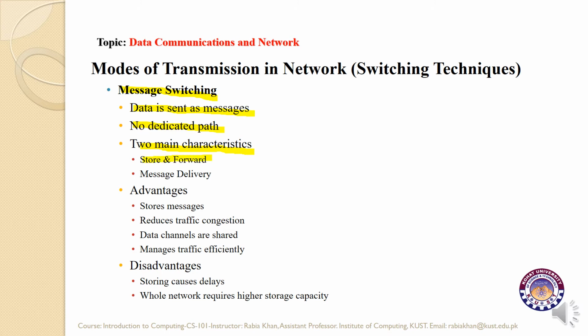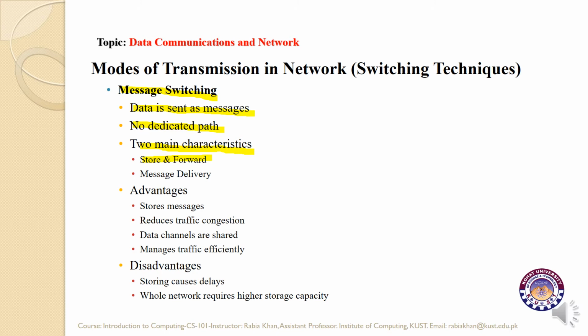Since users are not directly connected, that means there is no dedicated path established between the sender and receiver. So the intermediate nodes, the nodes between the sender and the receiver, are responsible for transferring the entire message to the next node within the path.